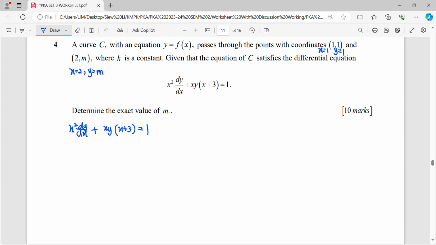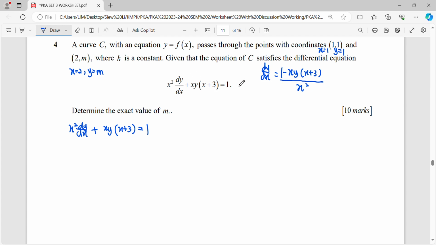So when we get this differential equation, try to express dy/dx as the subject and see if we can factorize or not. Can we factorize y from x y plus 3, then move back 1 divided by x squared?